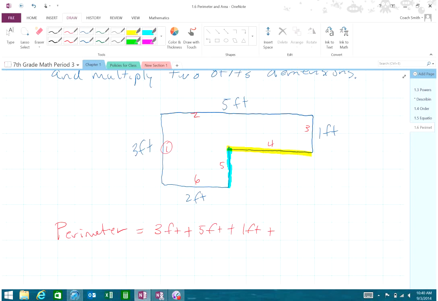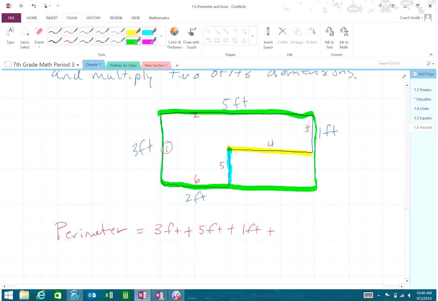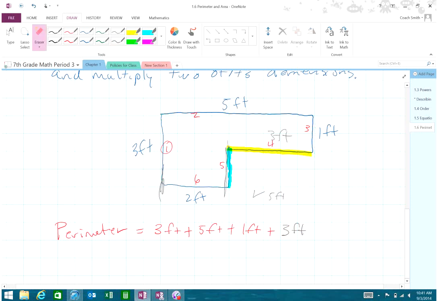Okay? If you look at this, if I make a rectangle that goes like that, doesn't this side right here have to be 5 feet as well? Well, 2 feet of that is already right here. There's 2 feet, so this has to be 3 more feet. Okay, so we add 3 feet. All right, now, we got to have side 5.